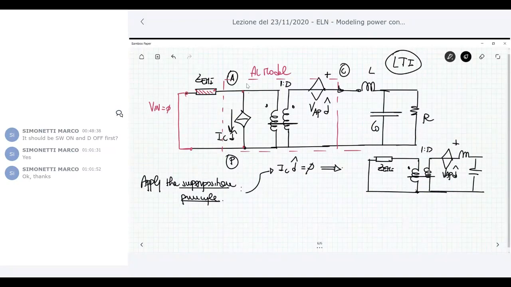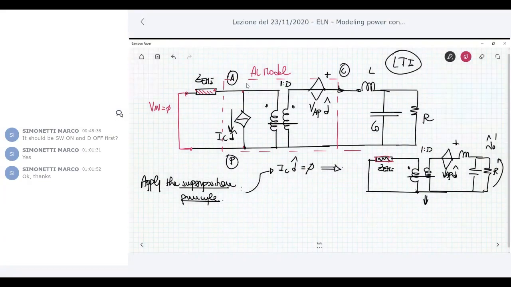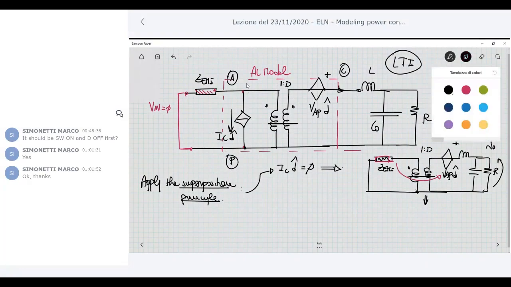Okay, now my output is no longer V0, it is V0 prime because it's due just to a single generator. You can also reflect this source here to the secondary side, okay? And when you do that, you have to multiply by the turn ratio squared.